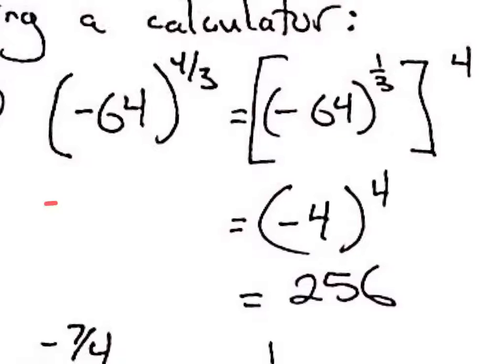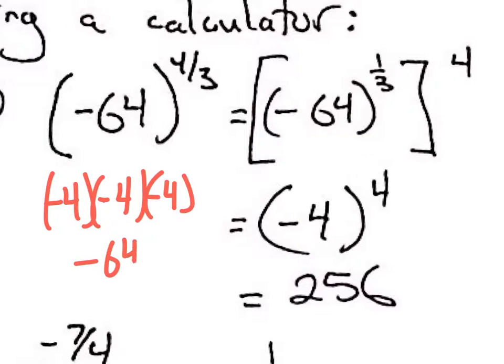Because a negative times a negative times a negative equals a negative, the cube root of negative 64 is negative 4. We then have that to the 4th power, so multiplying a negative by itself 4 times gives a positive, and 4 to the 4th is 256.